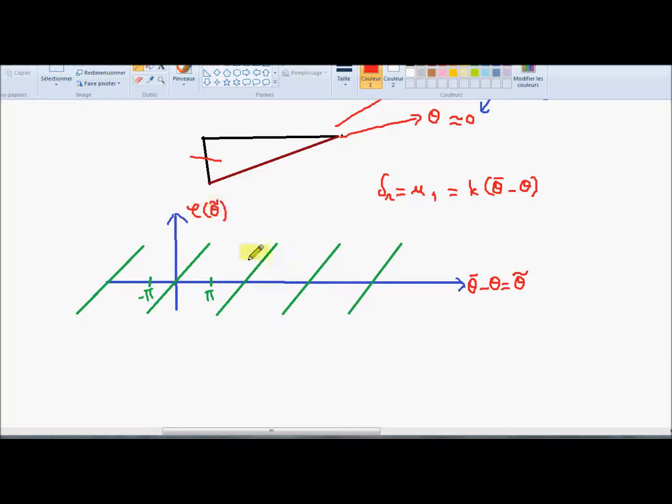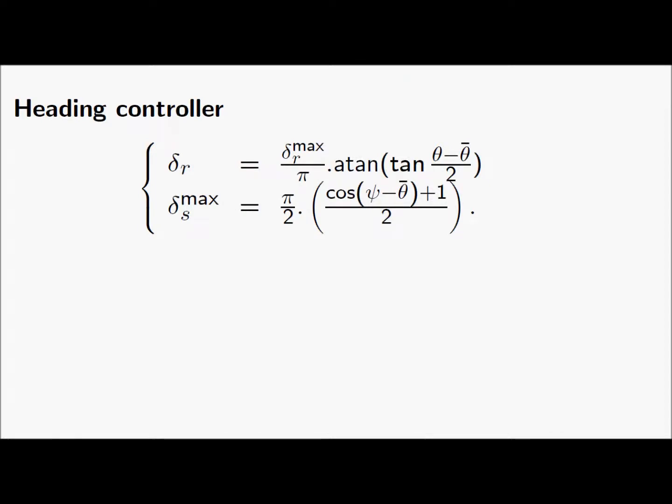Phi of theta tilde is equal to theta bar minus theta divided by 2, and then tangent of this, arctangent of this. And here, I will have to multiply by 2 divided by π.